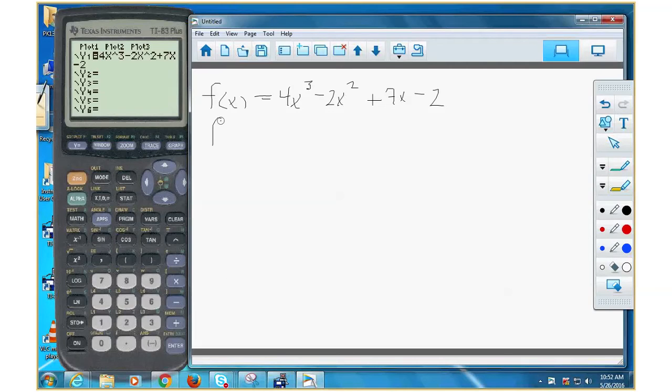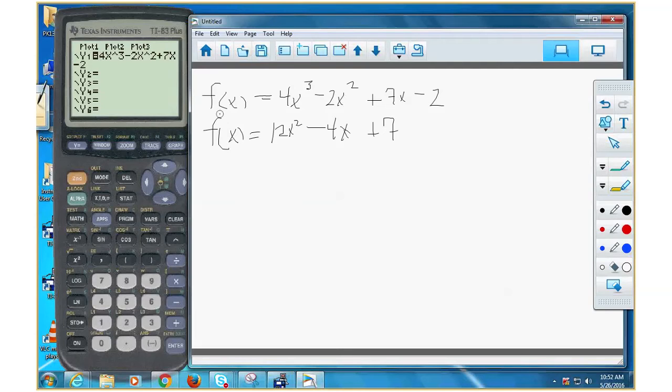And f prime of x, 12x squared minus 4x cubed plus 7. Now, in business, you're not going to look at the graph that much. What they'll do is they'll say, well, what is my rate of change at, and this might be cost, and they'll say, take the derivative of f of x.